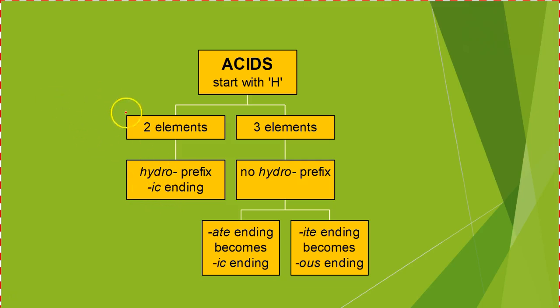I also want to write to the side here: two elements or no oxygen, as in HCN that we looked at earlier. So it would be hydro, some stem, ic ending. Then if we have three or more elements, we have no hydro, and the ate becomes ic, and ite becomes ous. So really simple to remember.